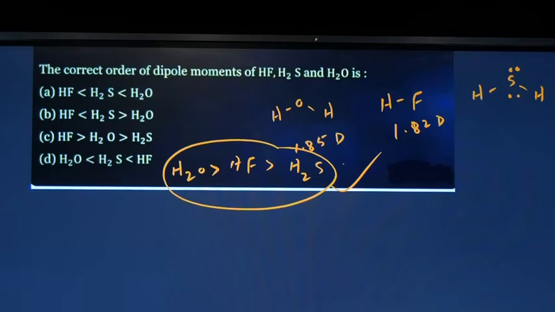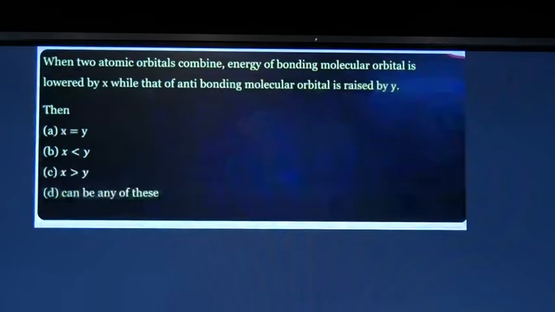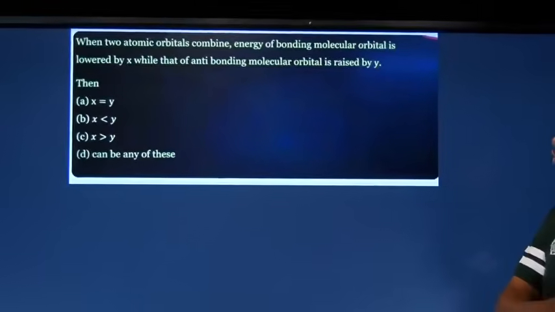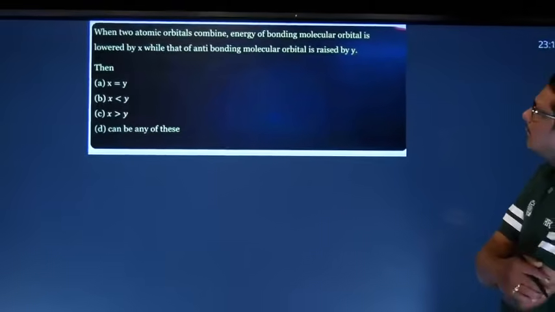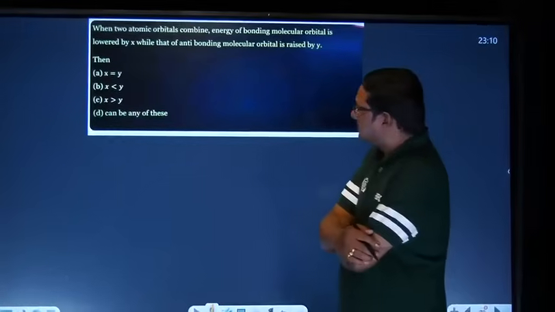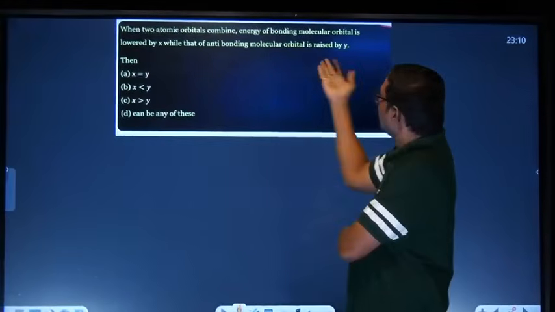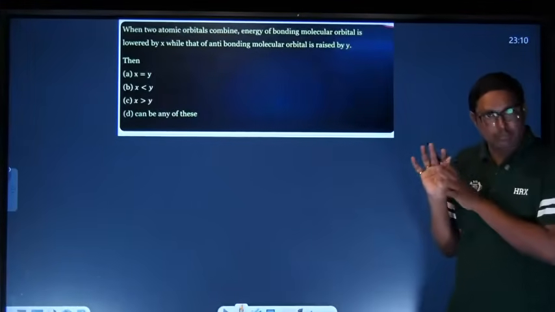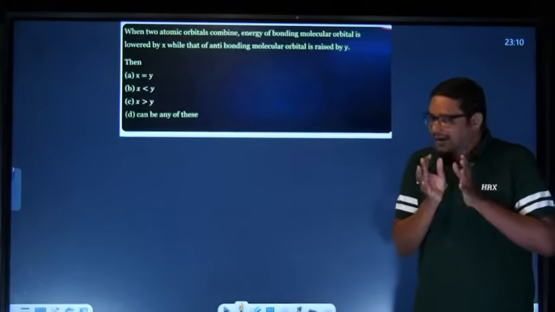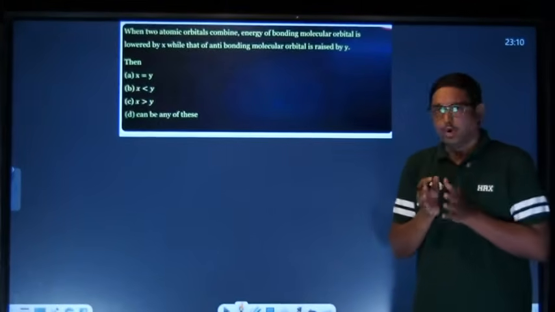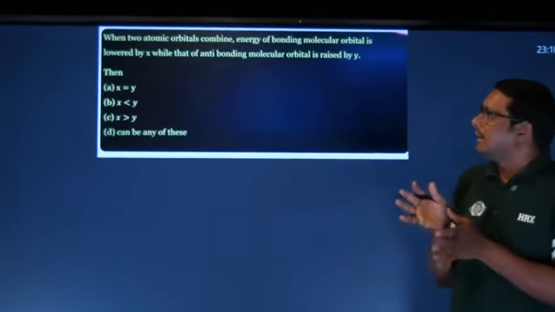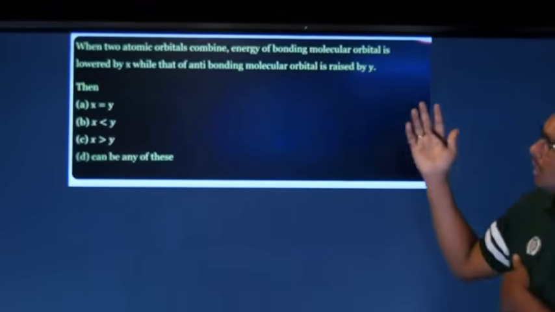So next question. If two atomic orbitals combine, the energy of the bonding orbital is lower by x, while that of the anti-bonding orbital is higher by y. I repeat again, this question is based on VBT, valence bond theory, or MOT, which tells us about formation of bonding.